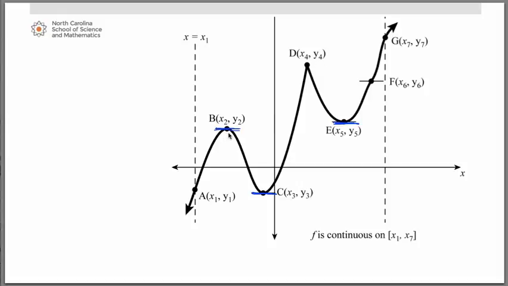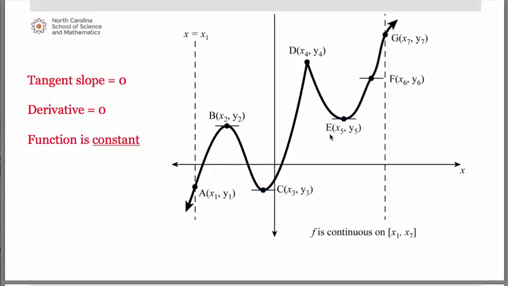So if you consider points B, C, and E, it's at these locations the tangent line has a slope of 0, meaning it's a horizontal tangent line. Therefore, where the tangent slope is 0, the derivative is 0, and the function at those locations is constant. It is not changing. So what can we do with this information then?